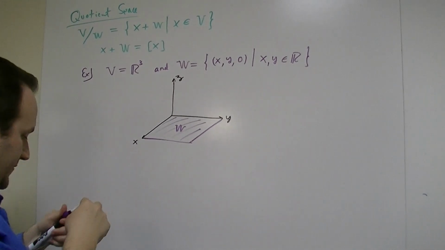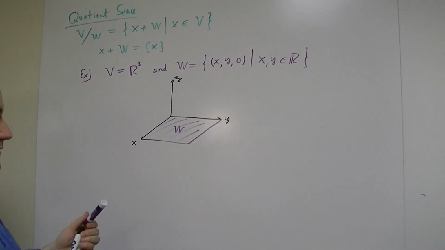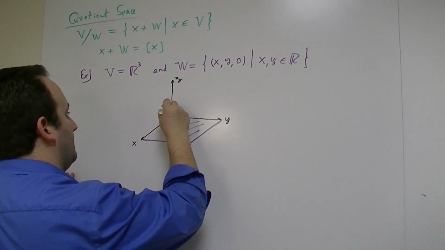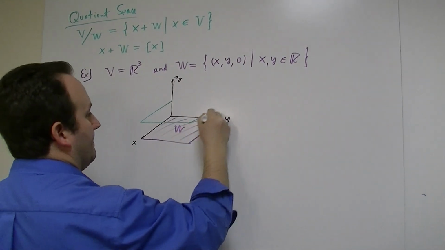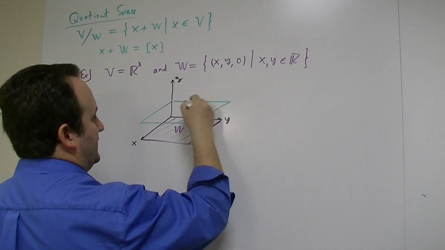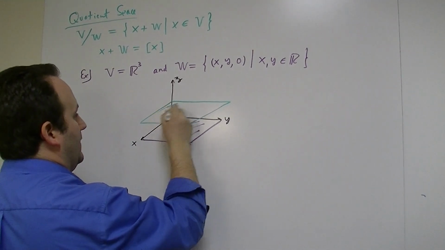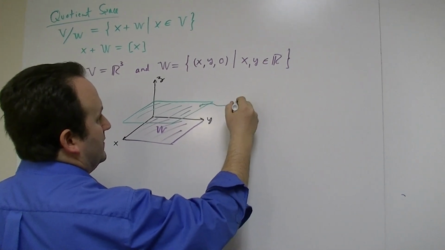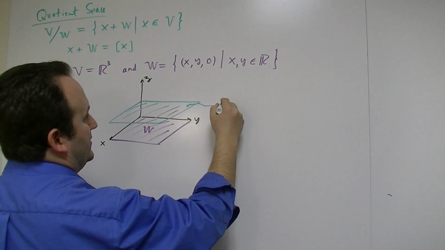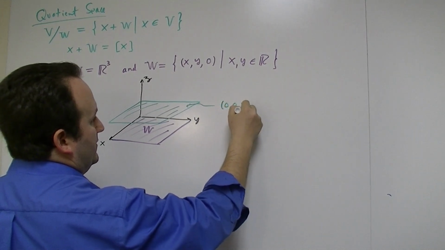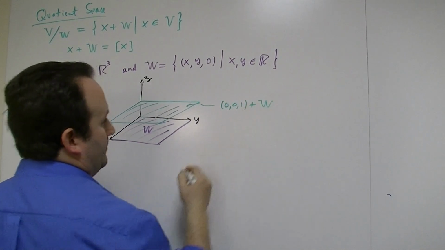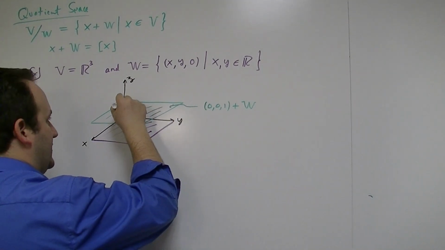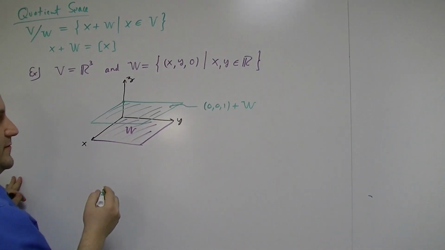And if I were to pick another coset, I'll draw it up here. I'm just drawing it as if it's in the first quadrant, but of course there's more than that. This, for example, might be (0, 0, 1) plus W, that would be this point right here, but you could pick any other representative for that coset.